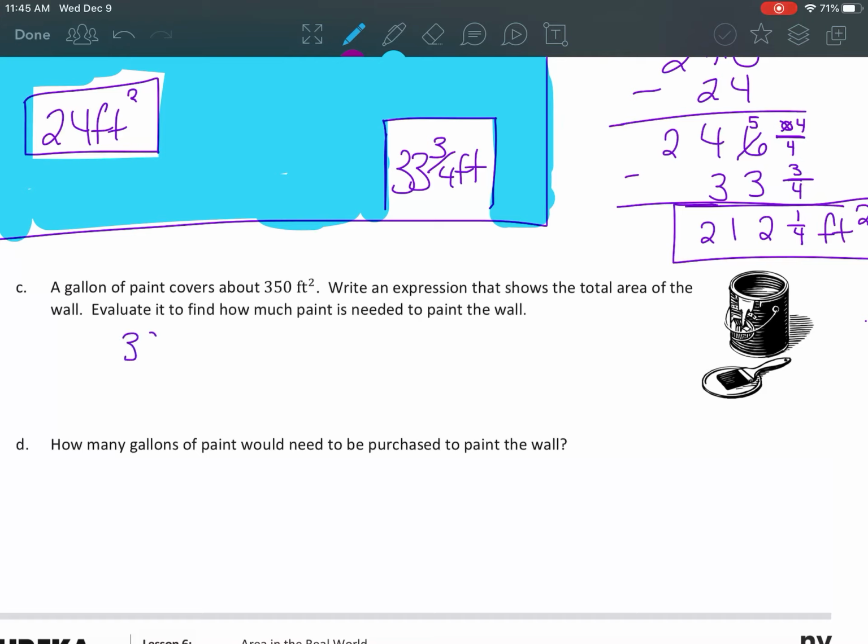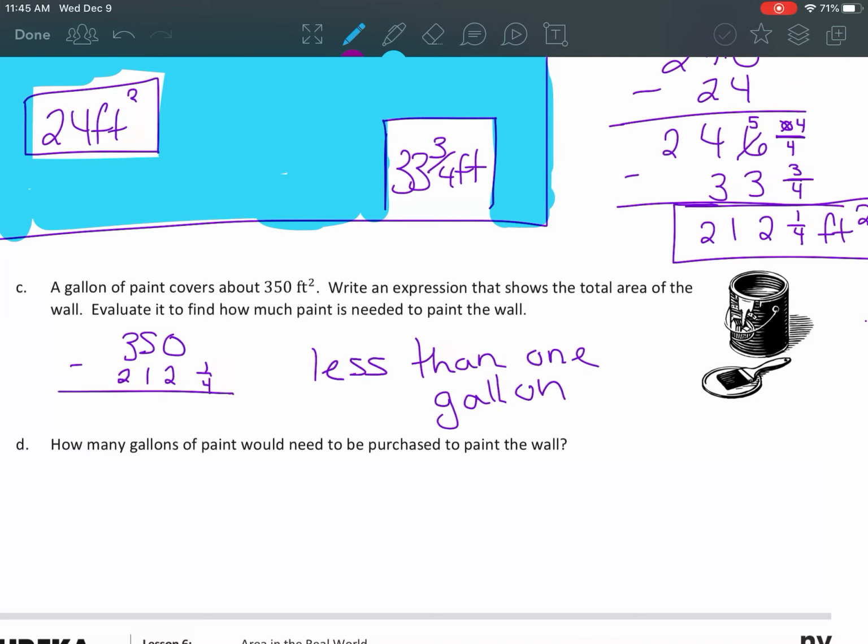So we would know that 350 feet, we could take this and subtract that. Will I have paint left over? Yeah, so I'm going to need less. So I'll need less than 1 gallon.